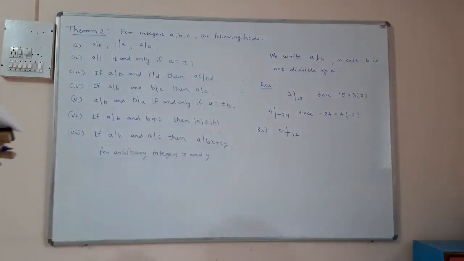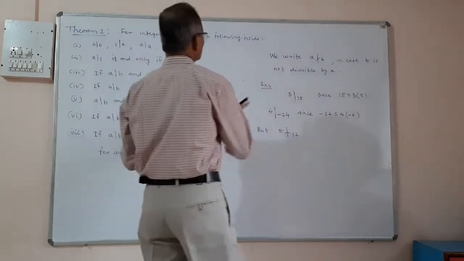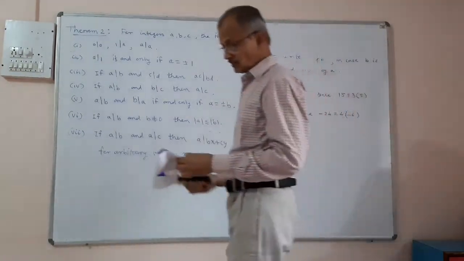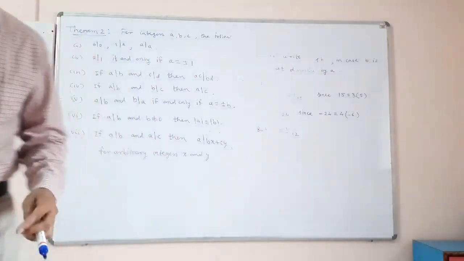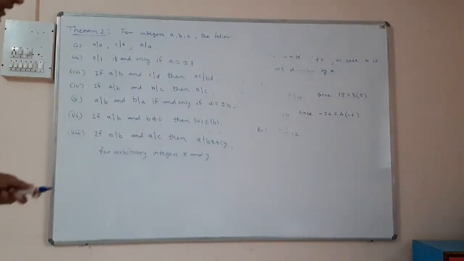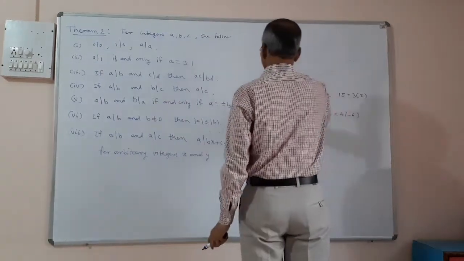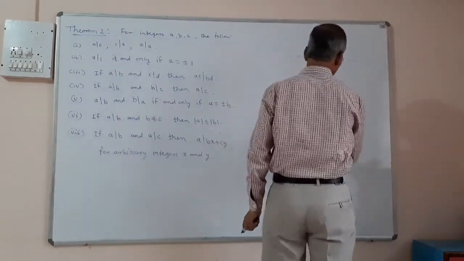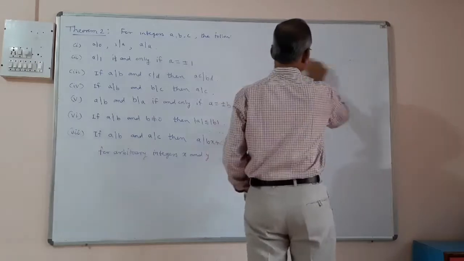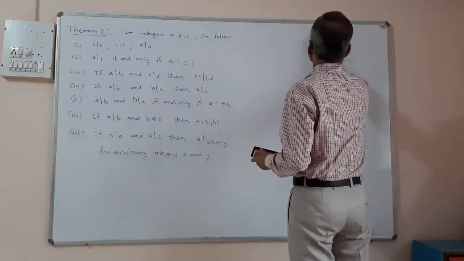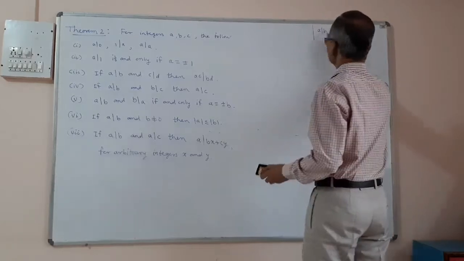So these are some results, and these results are to be proved using only the definition of the divisibility relation. So how have we defined divisibility? A divides b. You remember that. So all the results are to be proved using the definition. So we know a divides b.